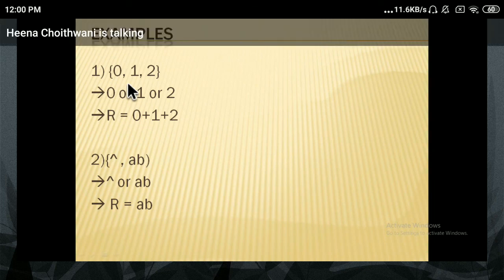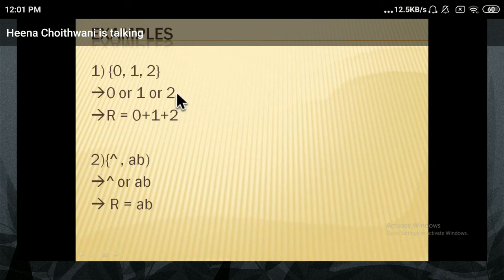Please check. We have three symbols in my language: 0, 1, 2. Now we have to convert this language into a regular expression, so I'll be using union here. My first symbol is 0, my second symbol is 1, and my third symbol is 2. Now my language says it can contain all these strings of 0, all these strings of 1, all these strings of 2, or a combination of any of them.